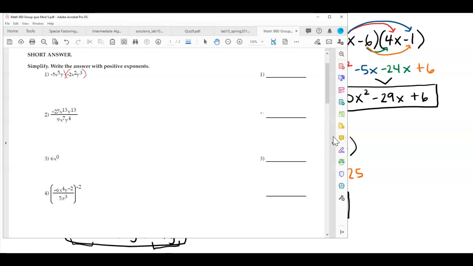Just write it like this so you can see those are the two things that you're multiplying together. But notice these aren't a binomial times another binomial, right?